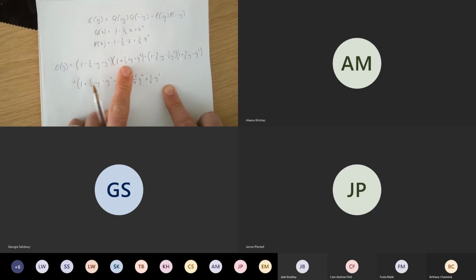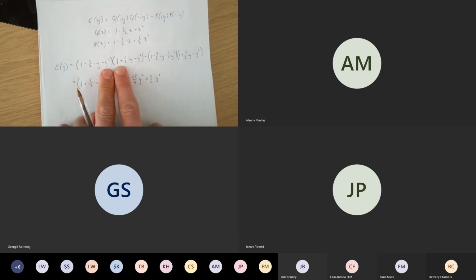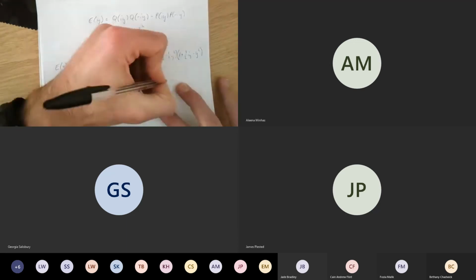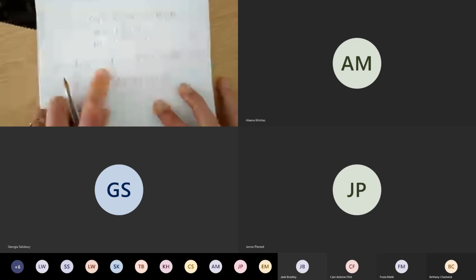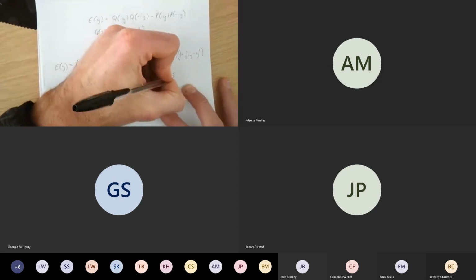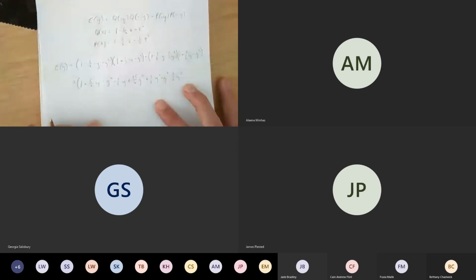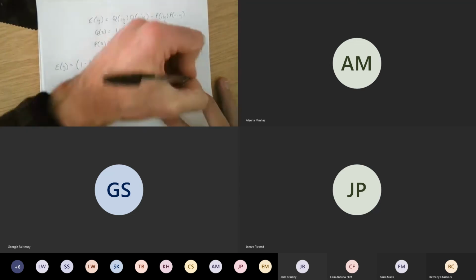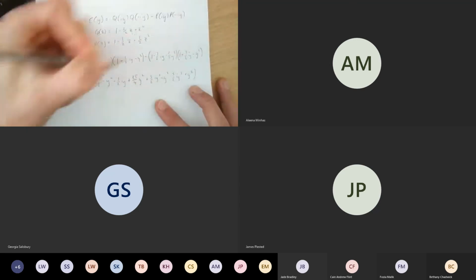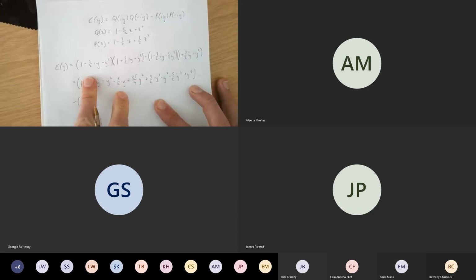Finally, going to multiply everything in that bracket by minus y squared. So minus y squared, minus 5 over 2 iy cubed, and plus y to the power 4.